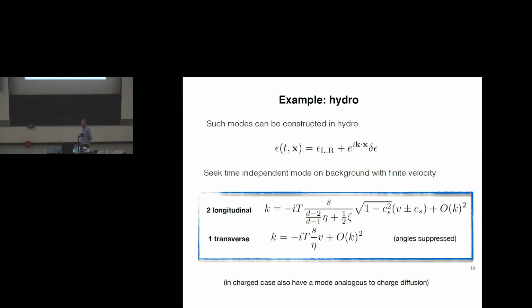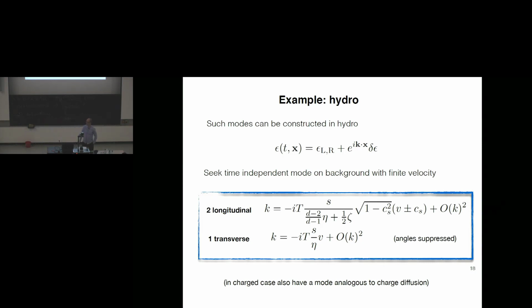Another example where you can compute these directly is hydrodynamics. So we take this ansatz here, and we write down the conservation equations for hydrodynamics, and we find that such modes can exist if and only if these kinds of dispersion relations are true. So what you have is the complex momentum k as a function of the background velocity.